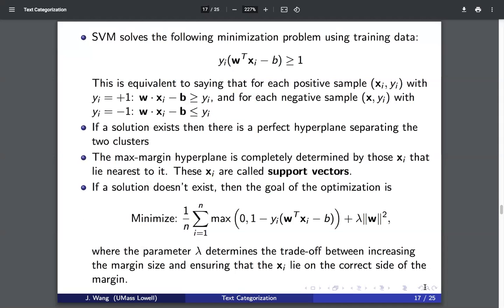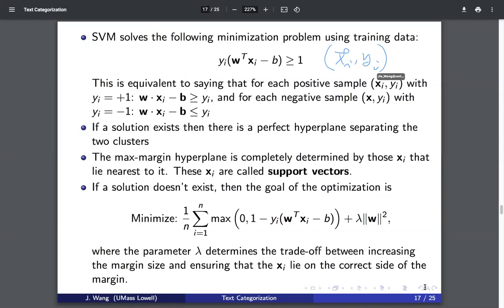Okay. Because we want to maximize the margin, that really indicates that we want to minimize. So we are solving the following minimization problem using the training data. For each point xi, I have a label.